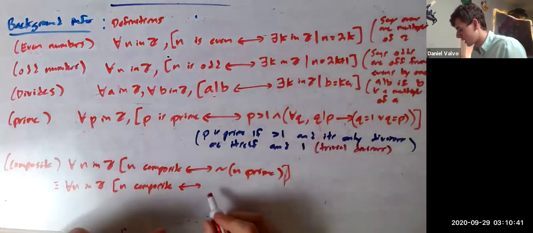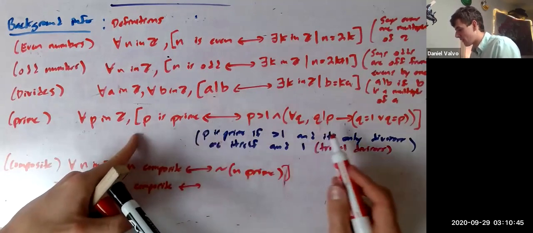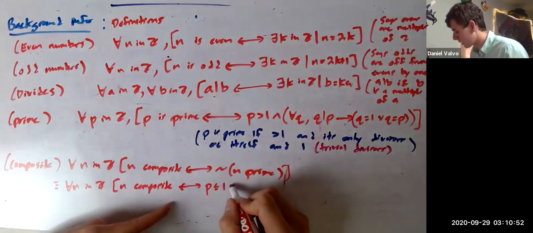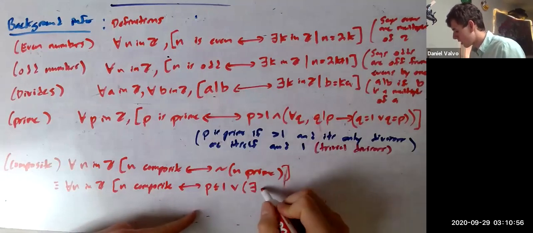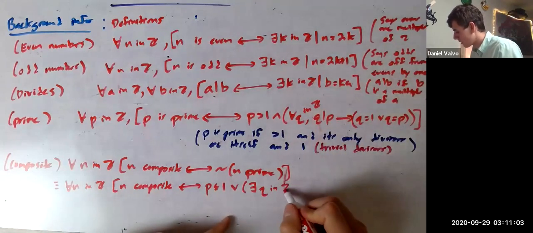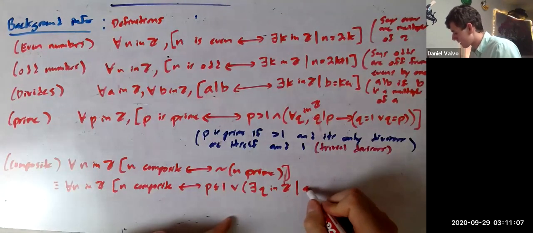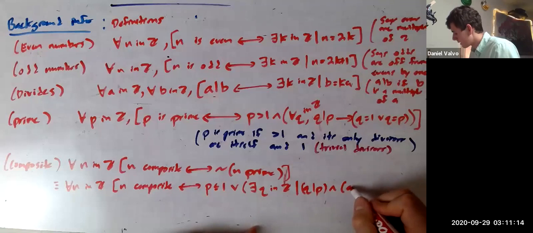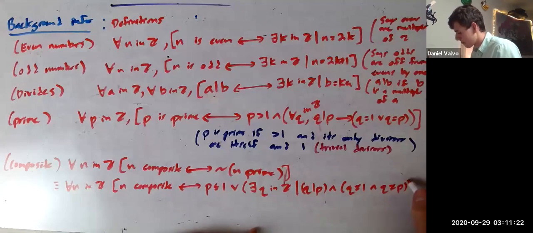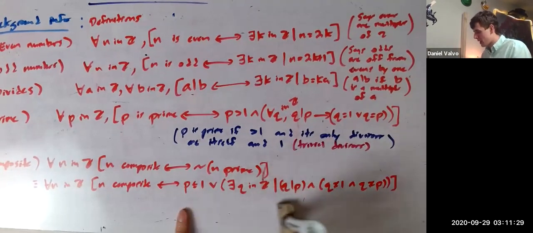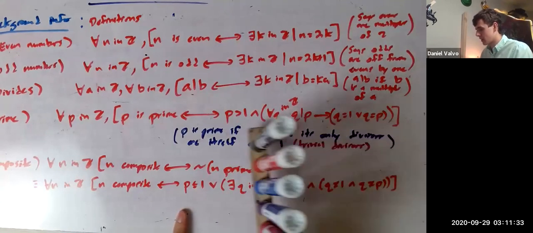If we negate this definition of prime here, what we get is that p is less than or equal to 1, or there exists a q in the integers such that q divides p and q does not equal 1 and q does not equal p.